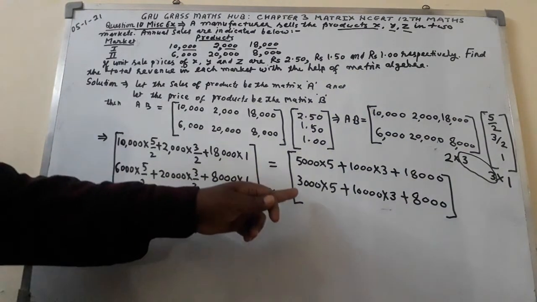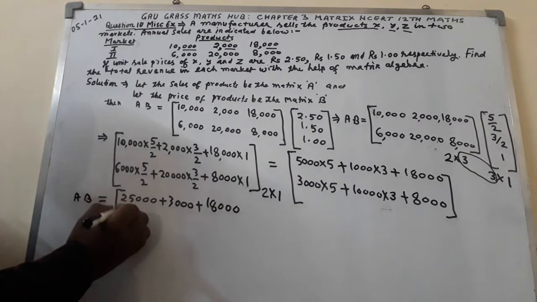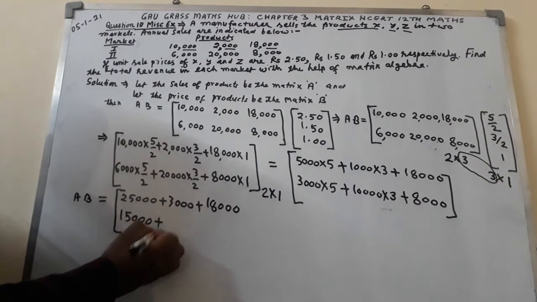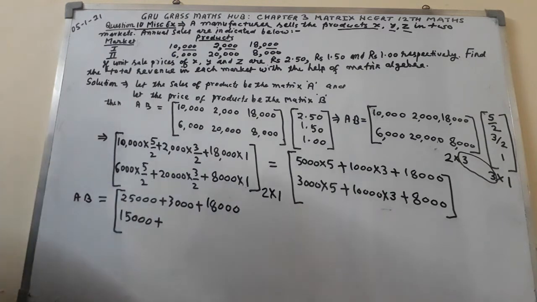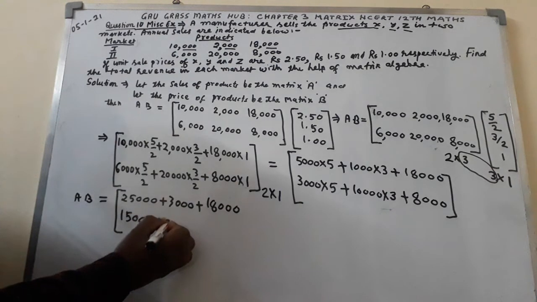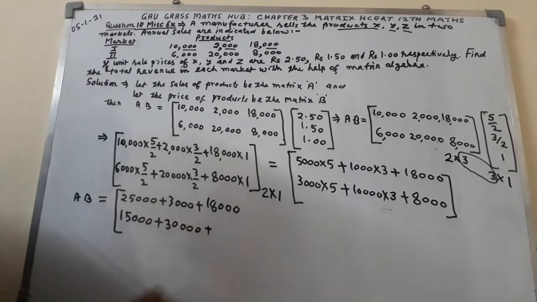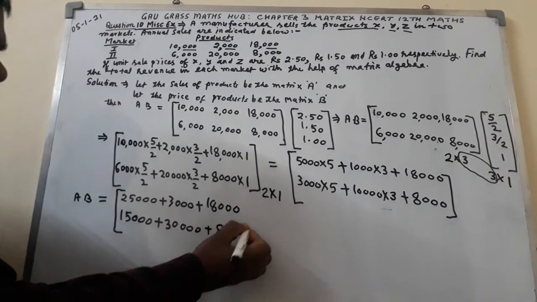Here 3,000 multiplied by 5 comes out to be 15,000, plus 10,000 multiplied by 3 comes out to be 30,000, plus 8,000.